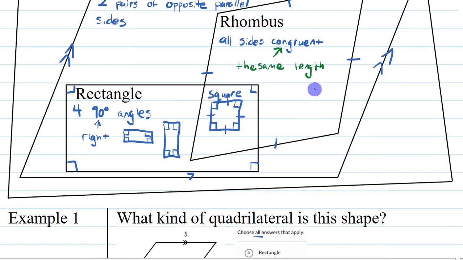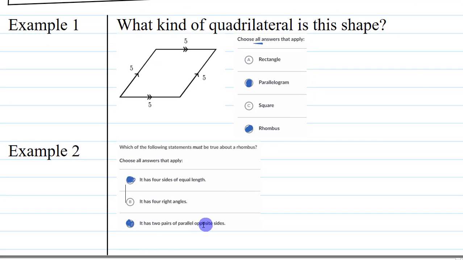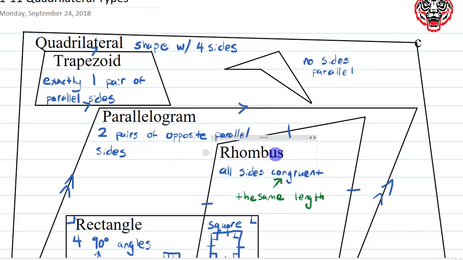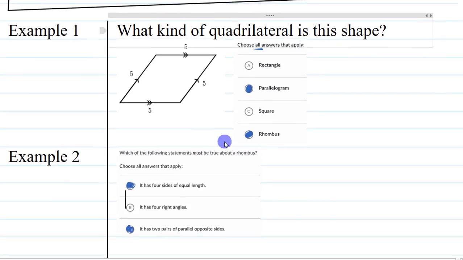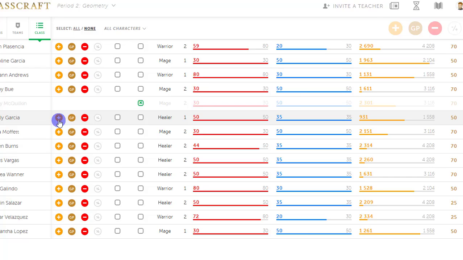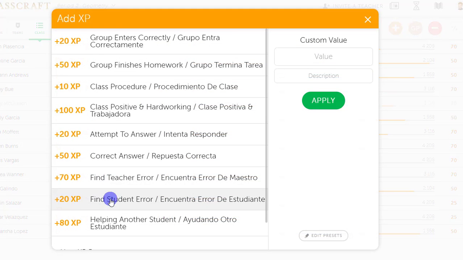So all sides are congruent. That was A, and then it has two pairs of parallel opposite sides. That is also a parallelogram because a rhombus is inside of a parallelogram. Perfect. So let me give you XP. Emily, you got your XP. Chewy, you got that XP, and you got that XP.